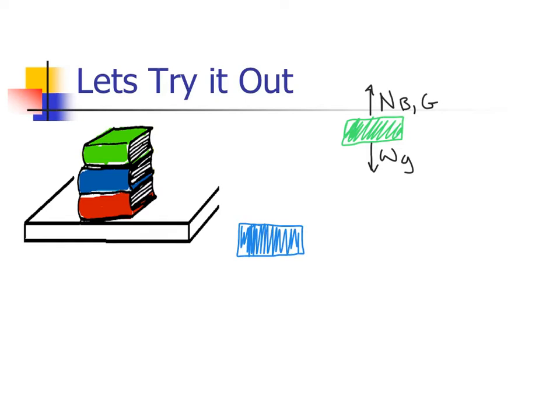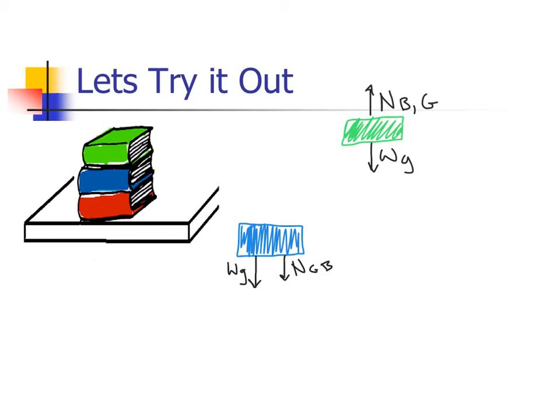Now the blue book has a couple different things. The blue book has its weight with gravity. Now it also has the green book pushing down on it, and that would be the normal force of the green book on blue, since we're talking about the blue book.